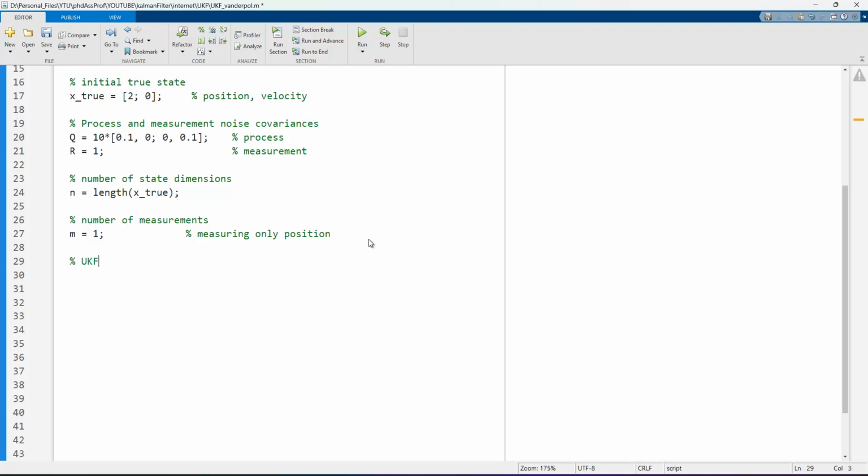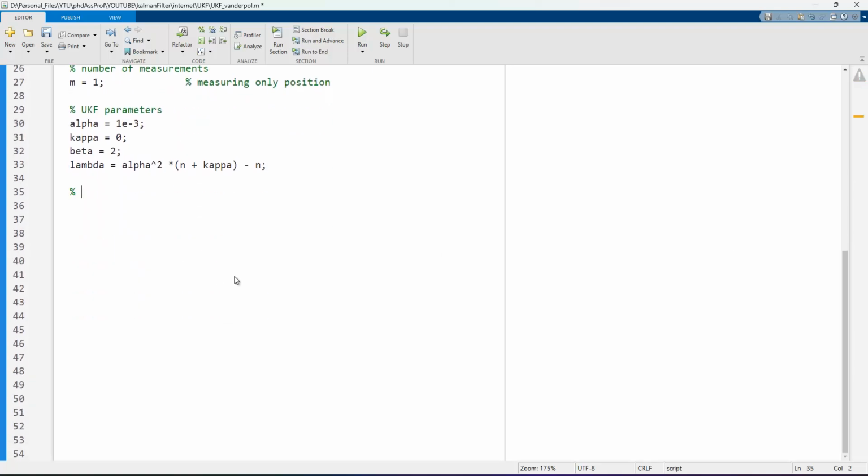Okay, so UKF parameters can be given with alpha 1 minus e over 3 minus 3, so kappa is assigned to 0, and beta is 2 for the Gaussian distribution, and the lambda value can be calculated with alpha squared times n plus kappa minus n. Okay, so after that we need to calculate the weights for the sigma points.